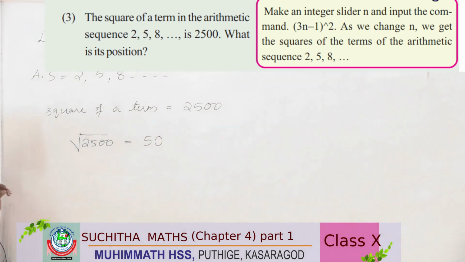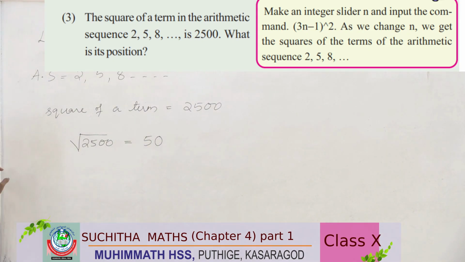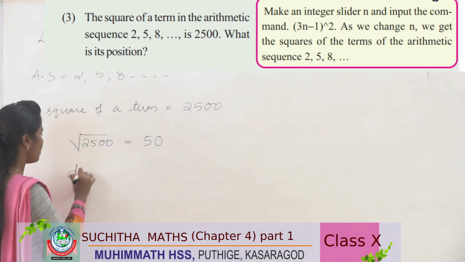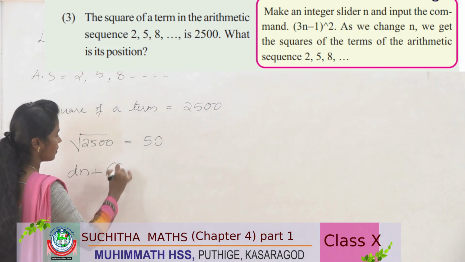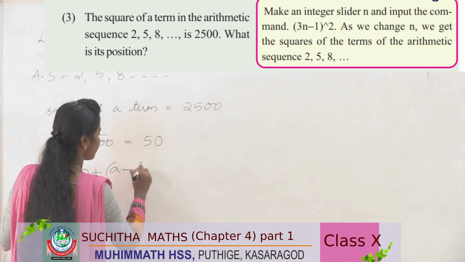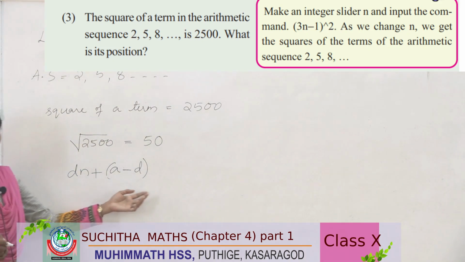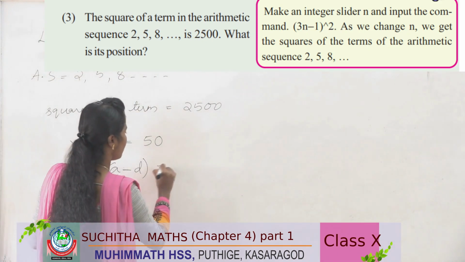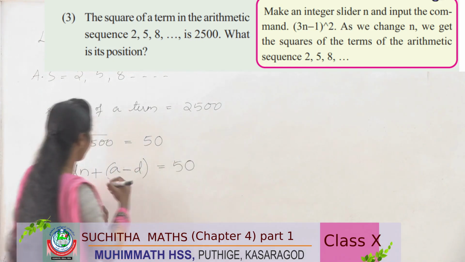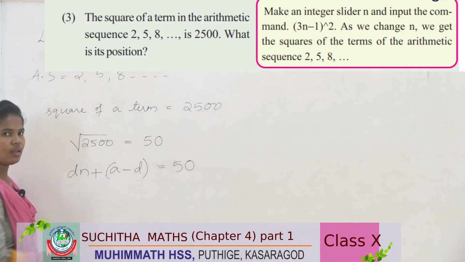In the first chapter we studied the nth term. The nth term algebraic formula is dn plus a minus d, equal to 50. Here d is the common difference, a is the first term.